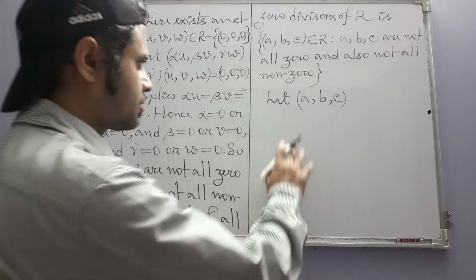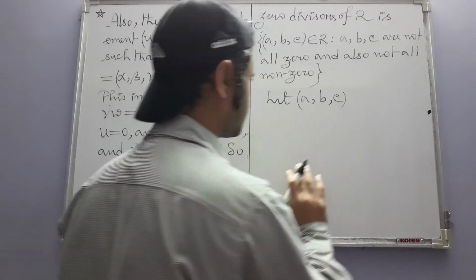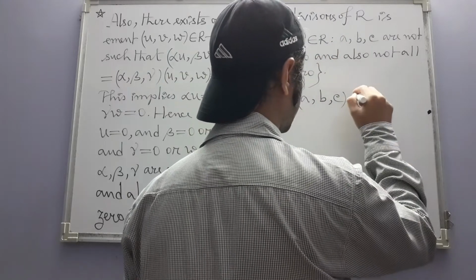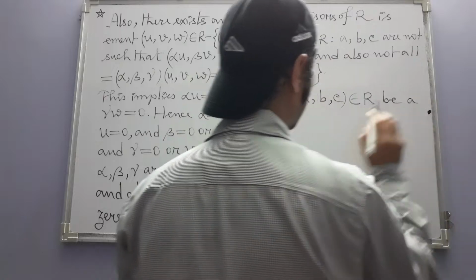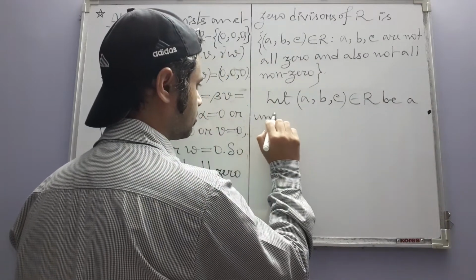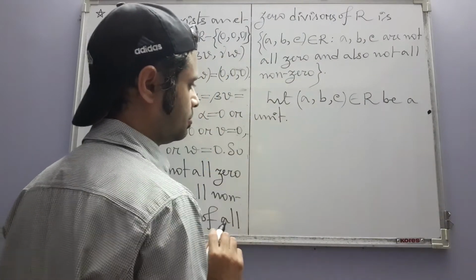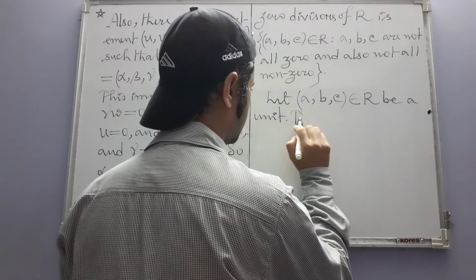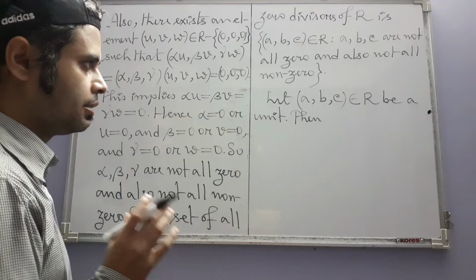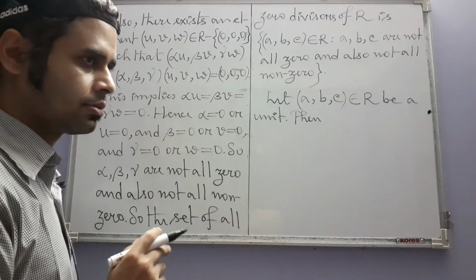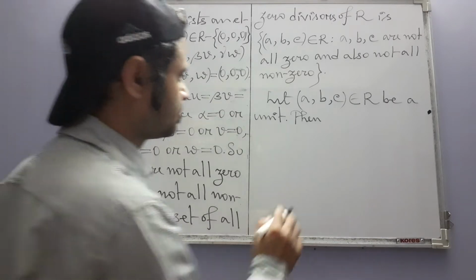Okay, let us just first consider a unit. Let this belonging to R be a unit. Then unit means what? An element in a ring which also has a multiplicative inverse.